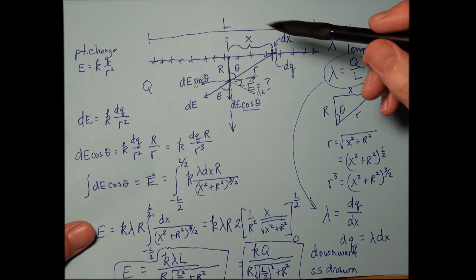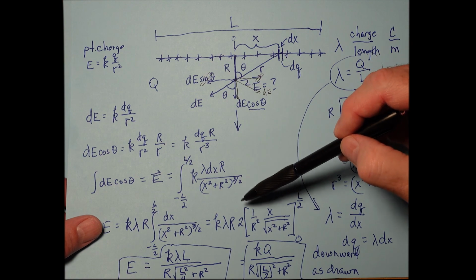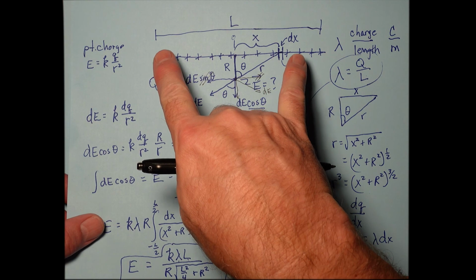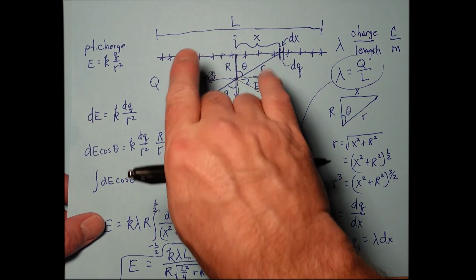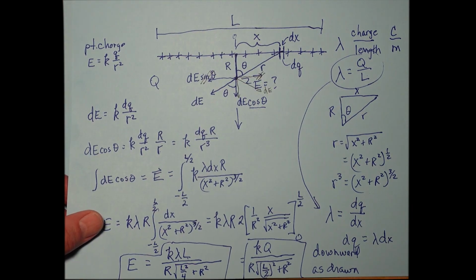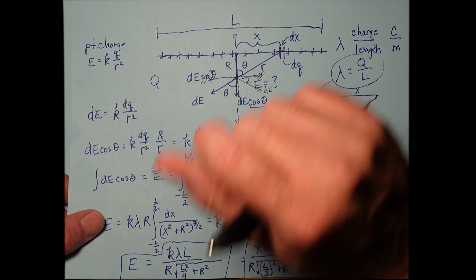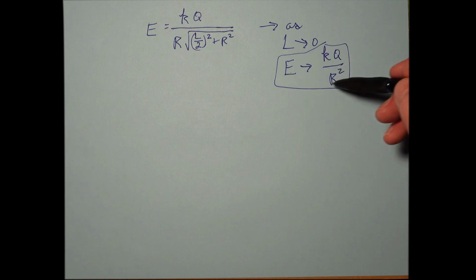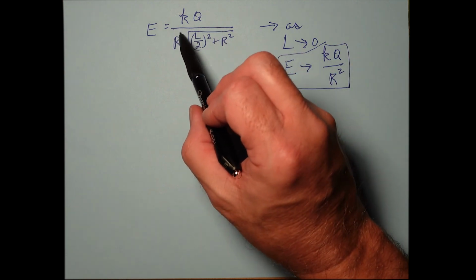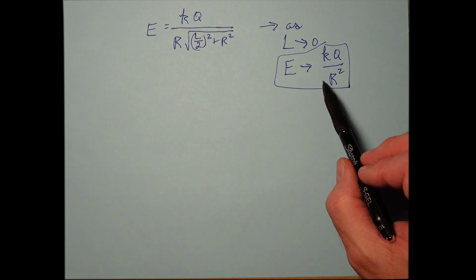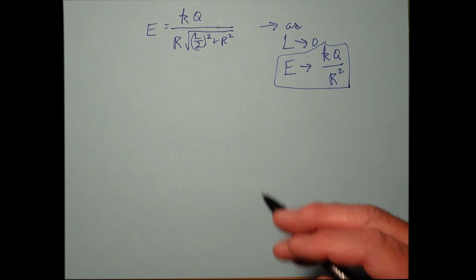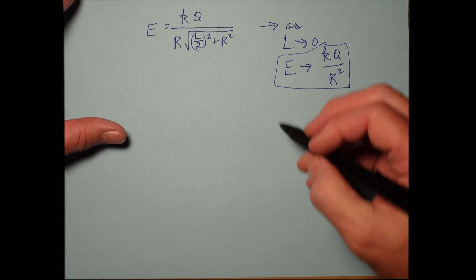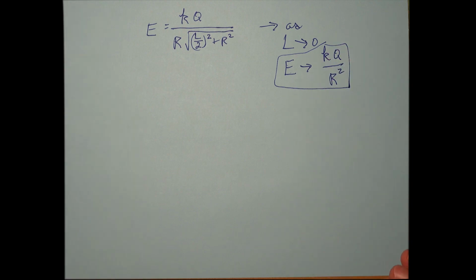And that's what would happen if R becomes very, very large and the apparent size of this charge distribution gets smaller and smaller so that L is effectively 0 as you get really far away from it. Then all of this looks like a point charge. And you would expect the electric field equation to reduce down to a point charge, and it does. So that's at least a mental check on whether or not you did the exercise correctly.